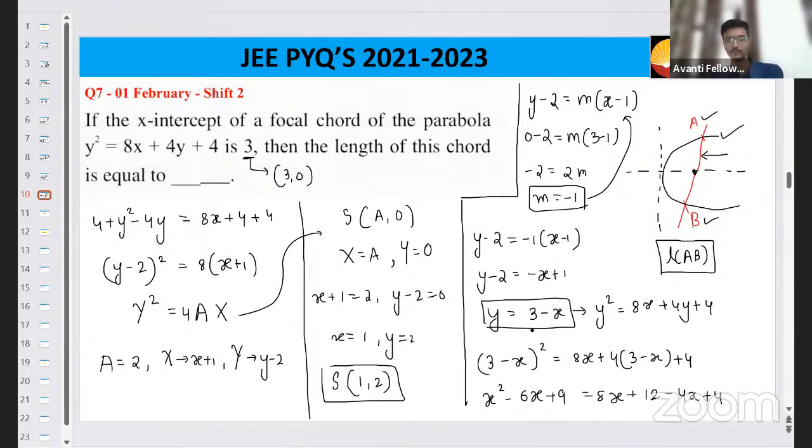Okay, so this is a quadratic equation. Let us bring everything to the left hand side.